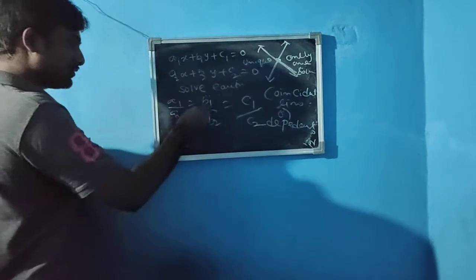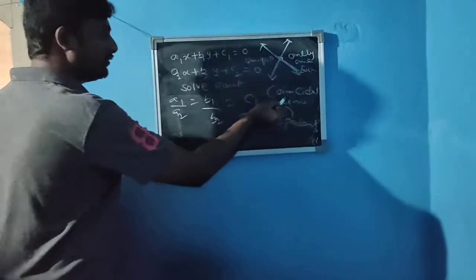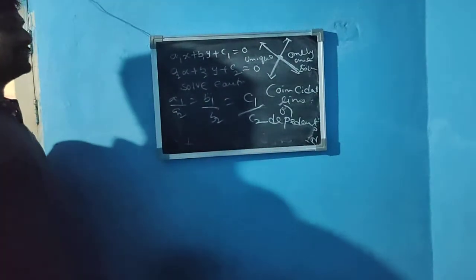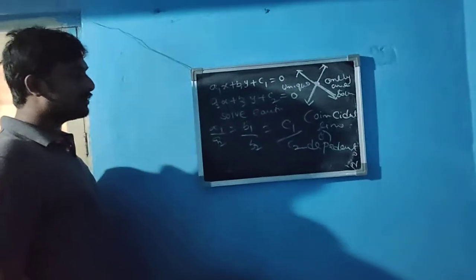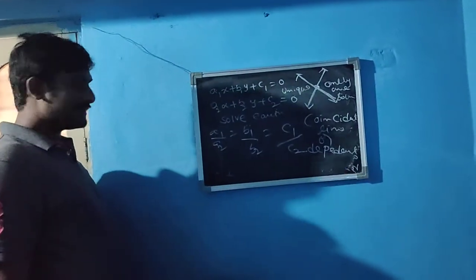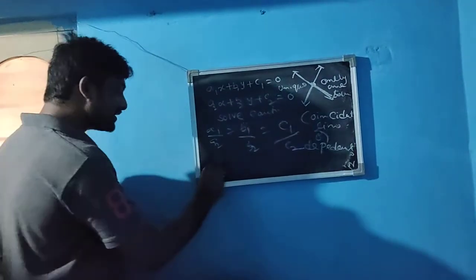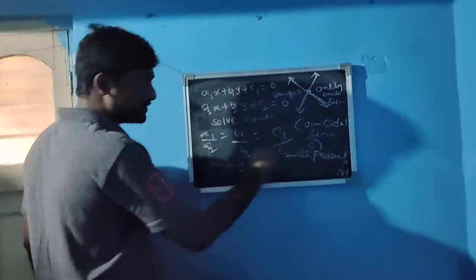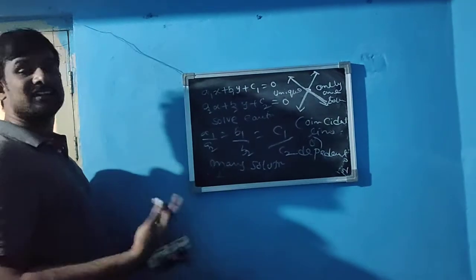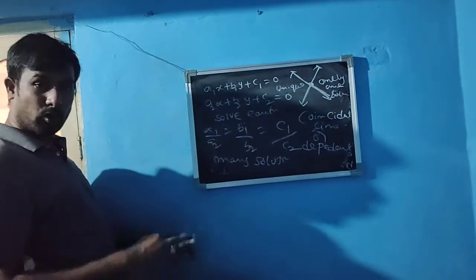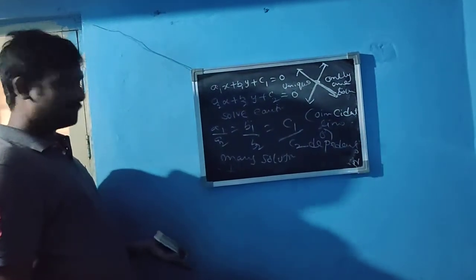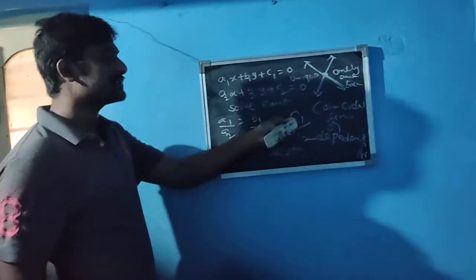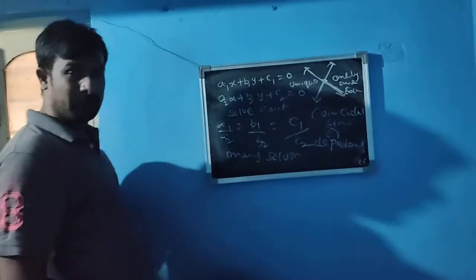Coincident lines, also called dependent lines, have many solutions. Many solutions means infinite solutions, more and more solutions will come. These are the lines where a1 by a2, b1 by b2 and c1 by c2 are equal.